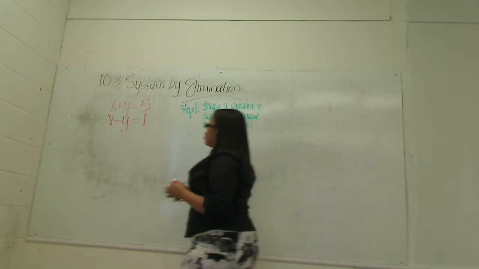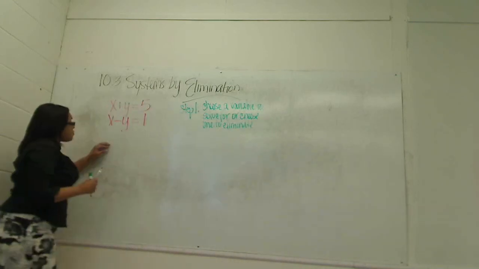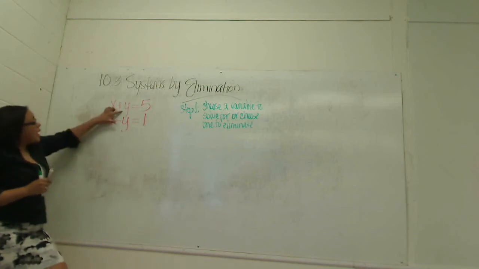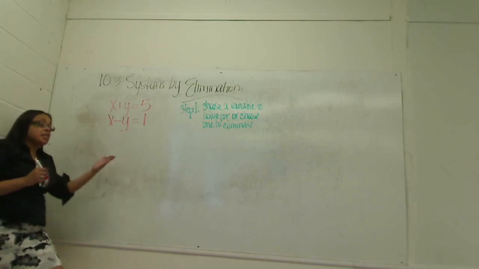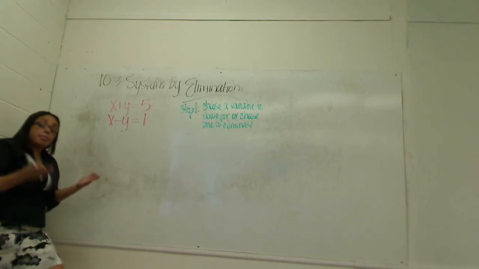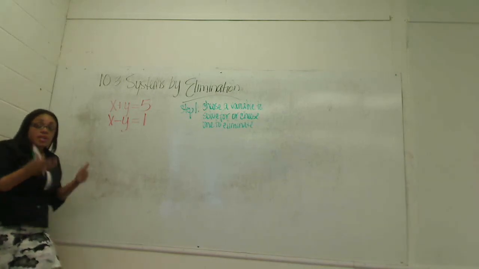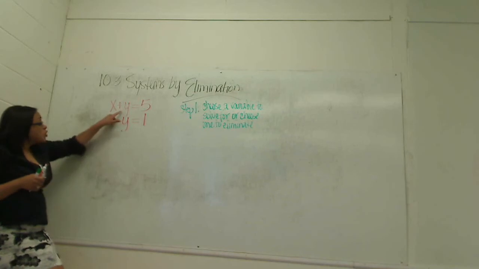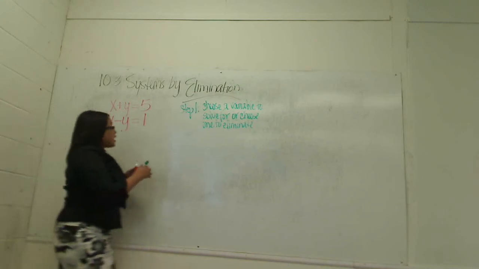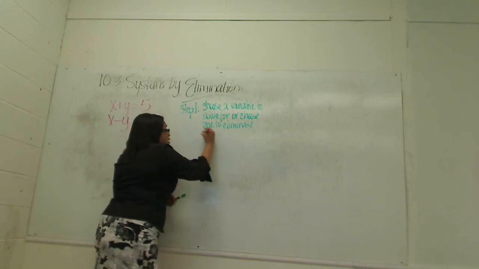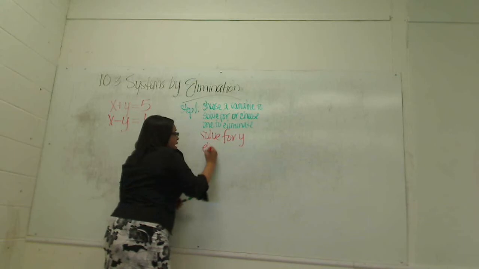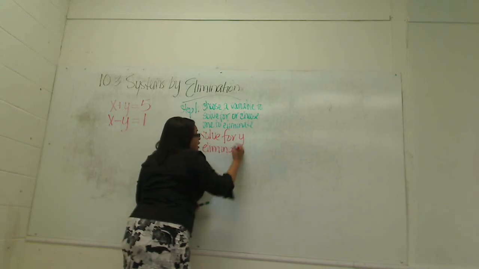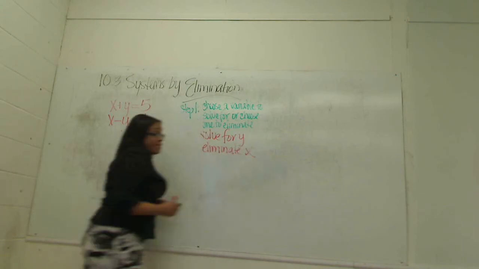Now, notice something here. I have a positive y and a negative y. Just like with a positive number and the same number with a negative sign, they easily cancel out. So do variables. So in this case, I'm going to choose to solve for y, thereby eliminating x.